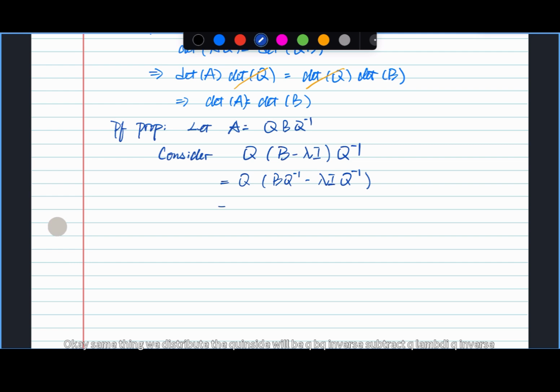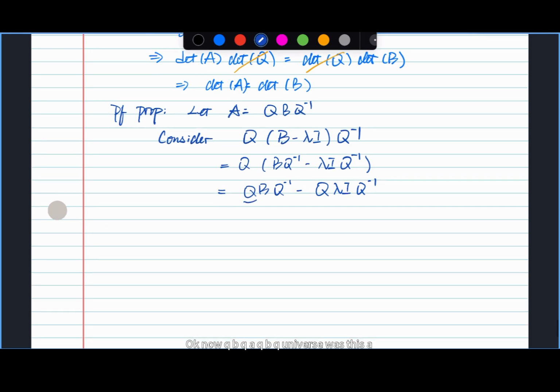Okay, same thing, we distribute the Q inside. It will be Q B Q inverse subtract Q lambda I Q inverse.